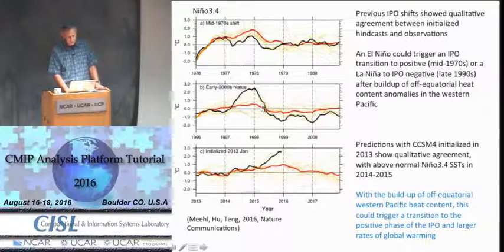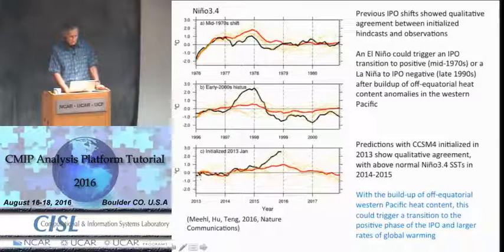But probably more important for the transition was this negative phase of these negative SSTs, and the ensemble averages stayed below normal for a couple of years, kind of like the observations did. And so it looked like, at least in a qualitative sense, the idea that this prolonged La Nina provided the transition to start accumulating heat content again in the western off-equatorial Pacific.